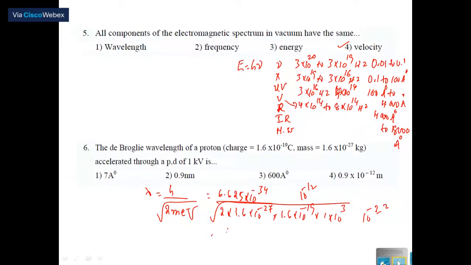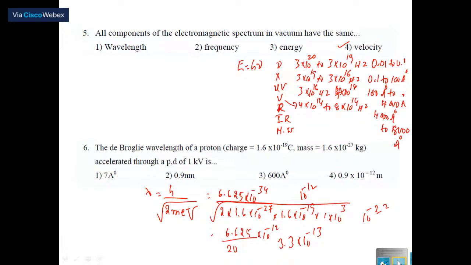Let us say 20 itself: 6.625 divided by around 20, into 10 power minus 12, that is about 3.3 into 10 power minus 13. So that is the de Broglie wavelength. The option that comes close to this is 0.9 into 10 power minus 12.